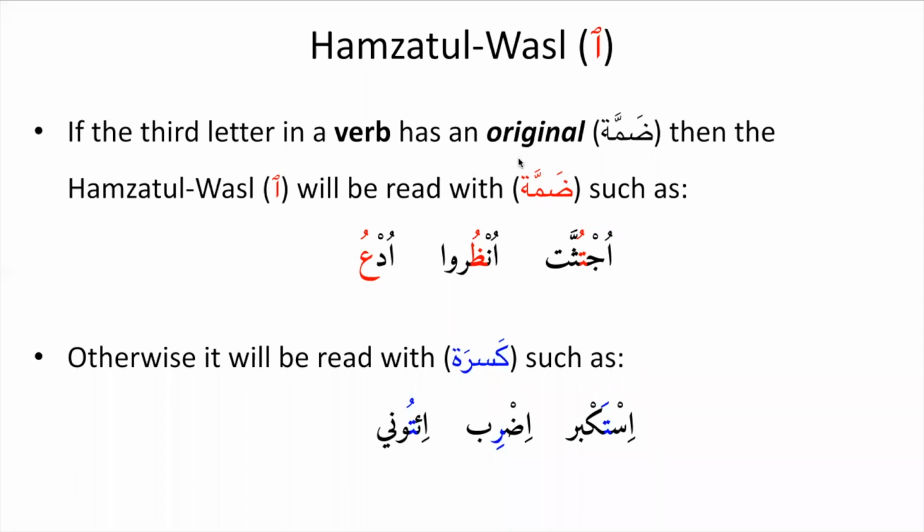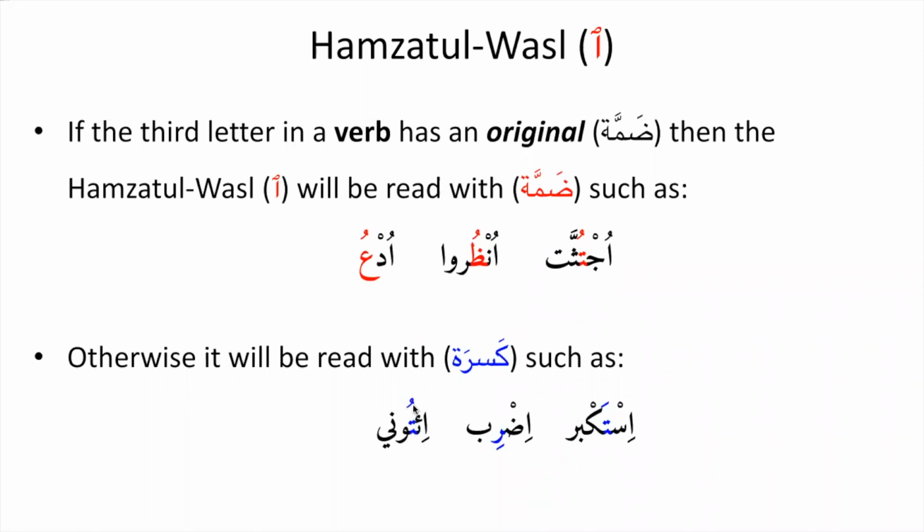Otherwise, if this condition is not met, then it will be read with a kasra. So for example, istakbara. The third letter has a fatha, so I have to put kasra at the beginning. Idrib. The third letter has a kasra, so I have to put a kasra at the beginning. Ituni. Doesn't this have a dhamma here?